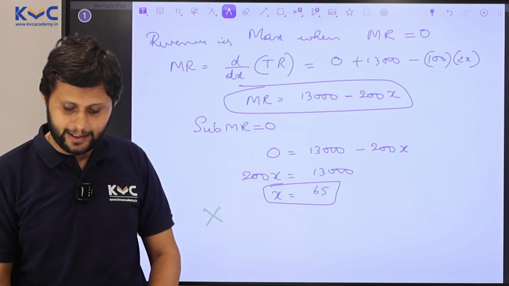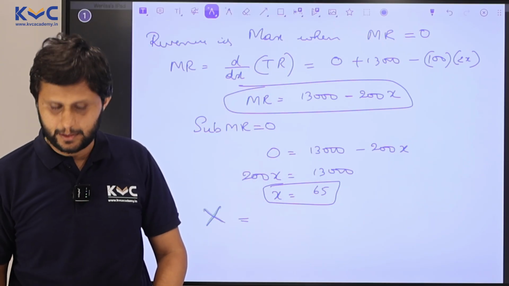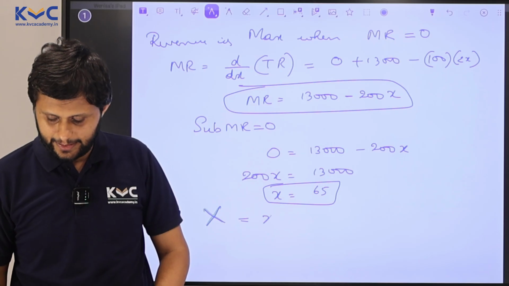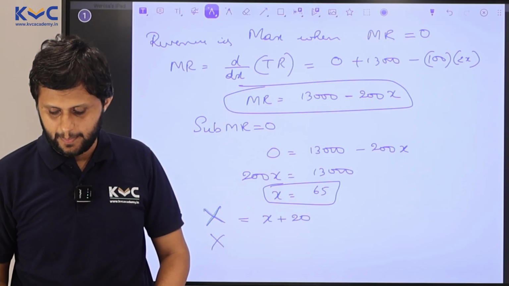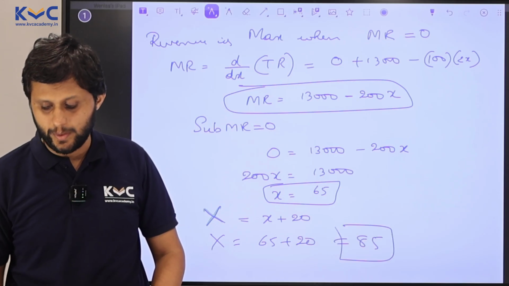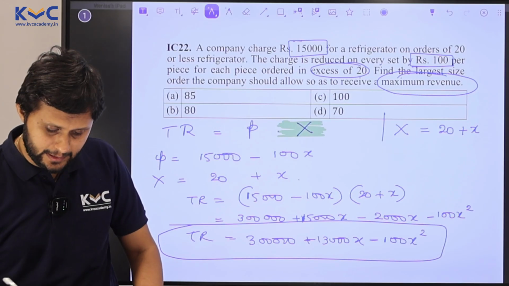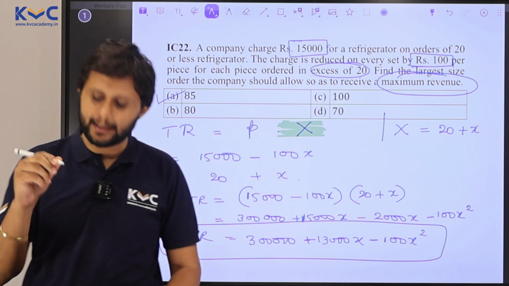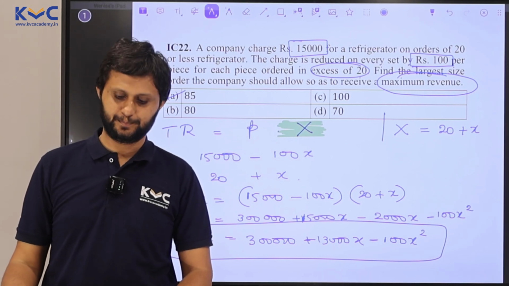Correct? So capital letter X is equal to small letter x plus 20. So capital letter X is equal to 65 plus 20, which is 85. And do we have this option 85? Yes, we do. 85, option A is the right answer.